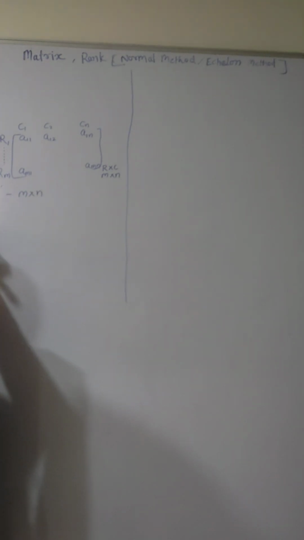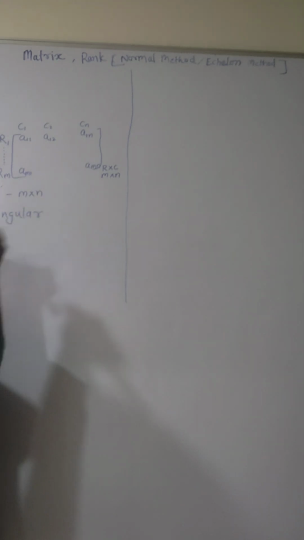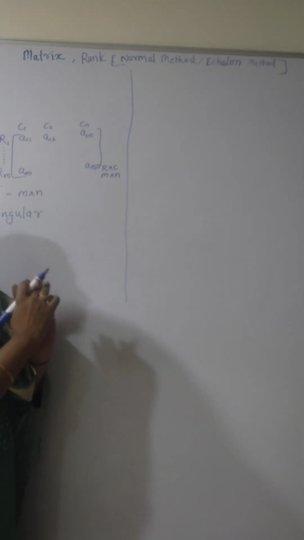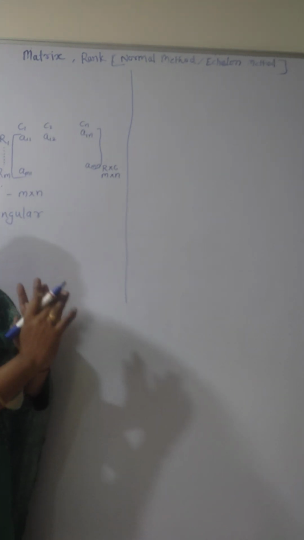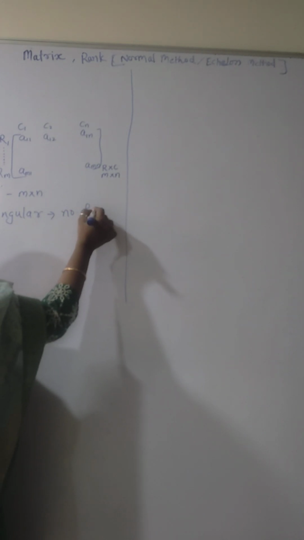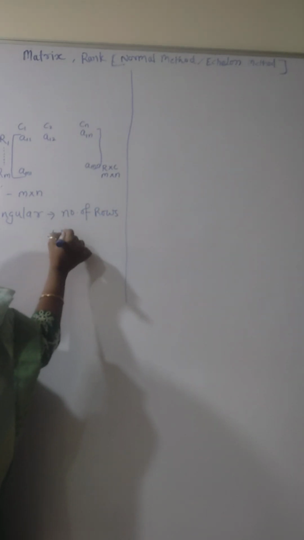Now let us look at the types of matrices. First, rectangular: a rectangle shape is formed, meaning the number of rows is not equal to the number of columns.